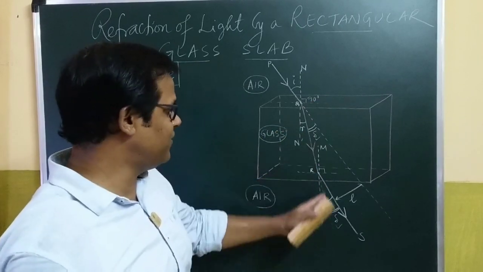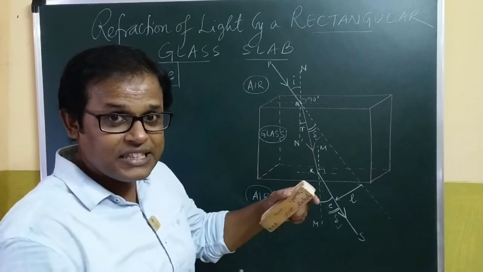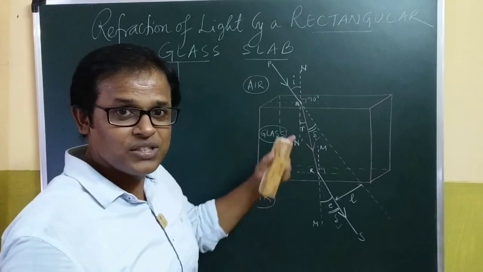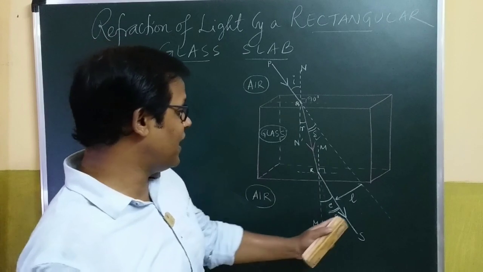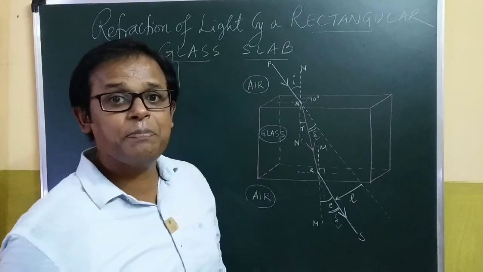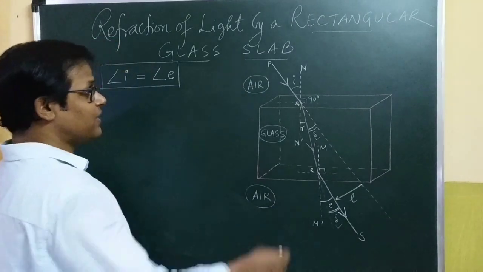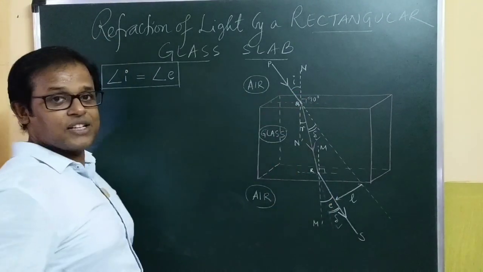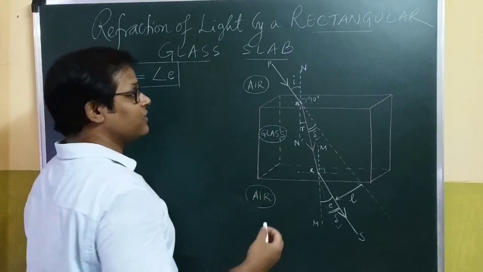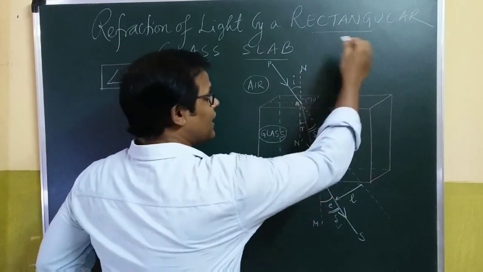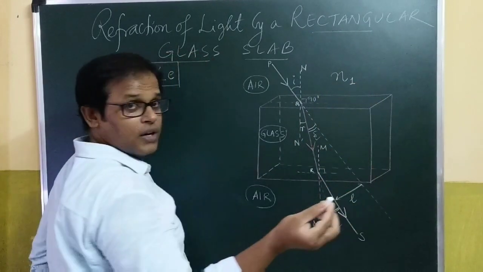So since the angles of deviation are exactly opposite to each other, even though they are deviating by exactly the same amount, you'll always find the emergent ray emerges parallel to the original direction of the incident ray. So because of that, mathematically, both the angles are also equal. So let us prove it mathematically, which convinces many of the students. Let us say the first medium has a refractive index N1.